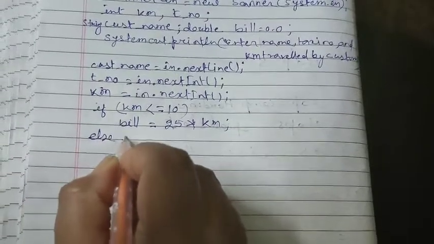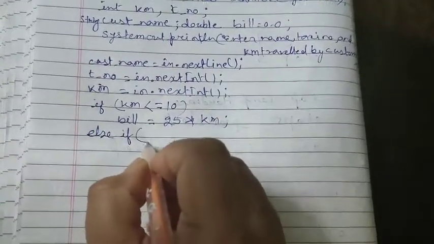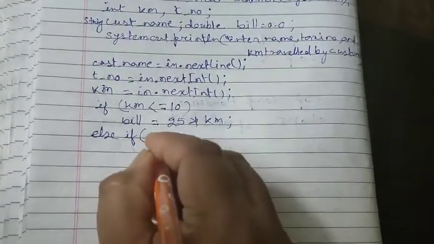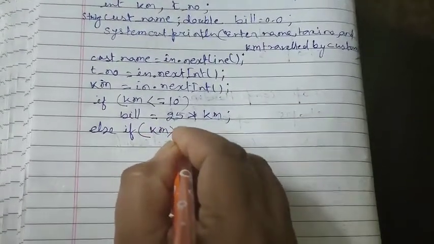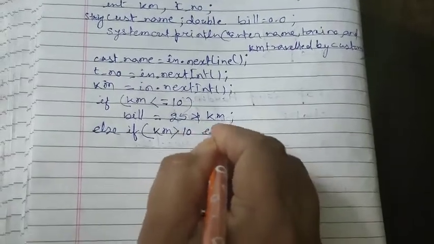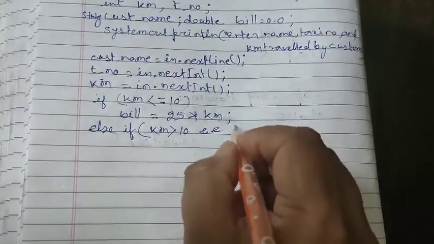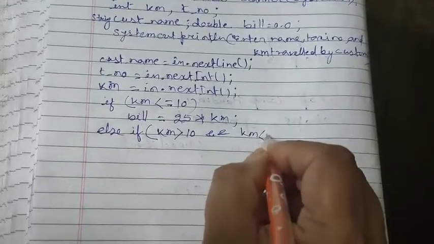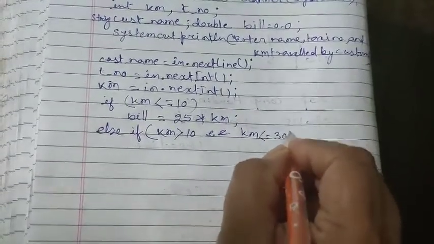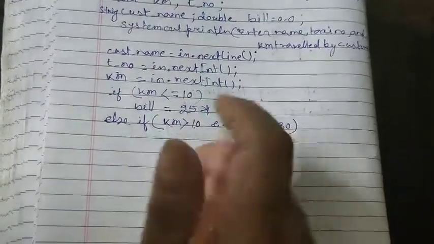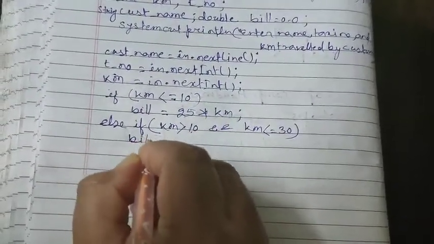After that I will go for the next condition: the next 20 kilometers, that means kilometer should be greater than 10, and at the same time 10 plus 20 is 30, so kilometer is less than or equal to 30. If it is 10 to 30, that means there are 20 kilometers in between. So for that, what is the bill amount?